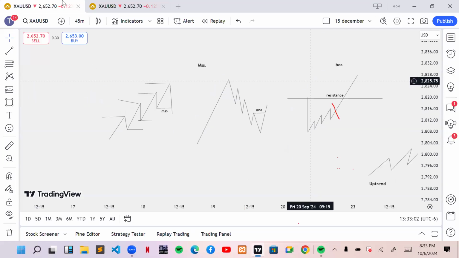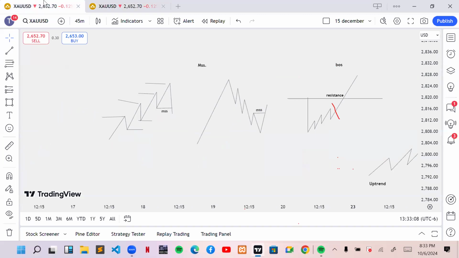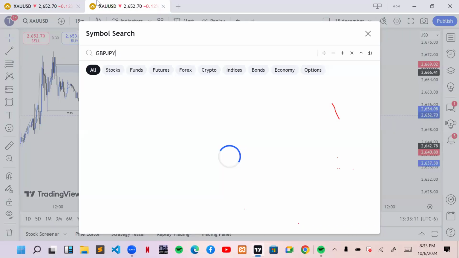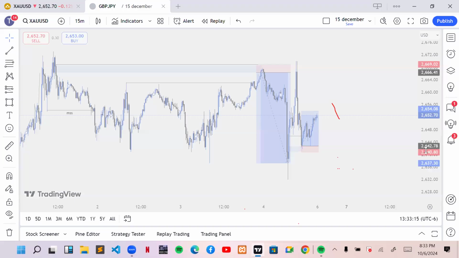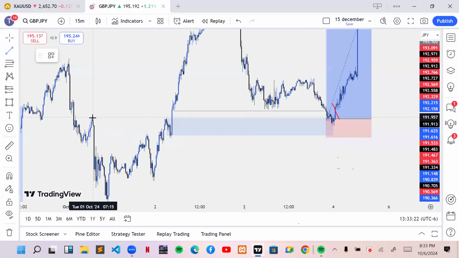So I gave a graphical example of the market structure shift here. Let me also find an example of a break of structure. So this trade, this is a resistance level in the market, and you can clearly see this was a resistance level.